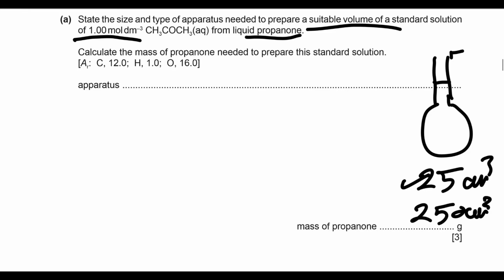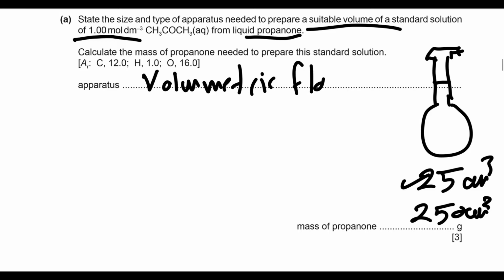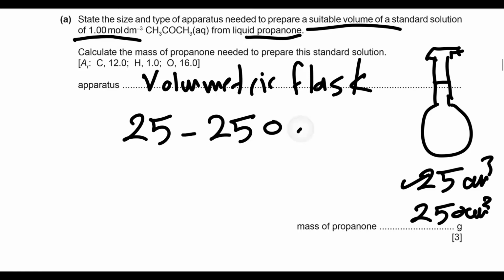And here we have a cup. What's the name of this apparatus? Its name is volumetric flask. The size ranges between 25 to 250 cubic centimeter.